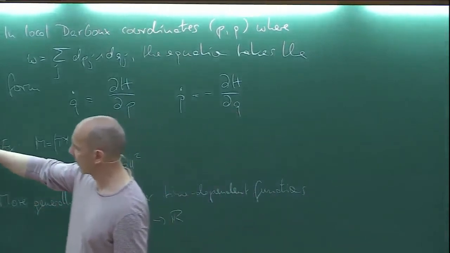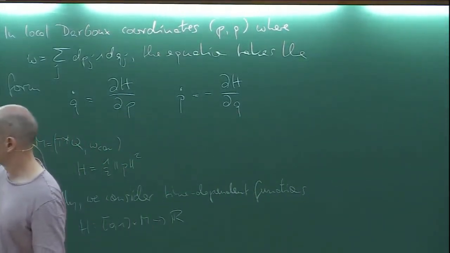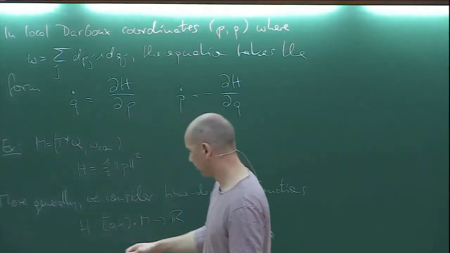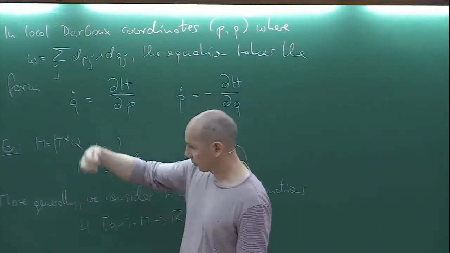So for each t, we can still use this equation here to convert the differential of H_t into a vector field.